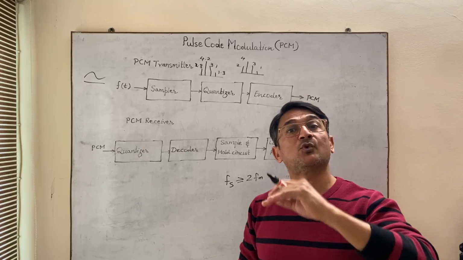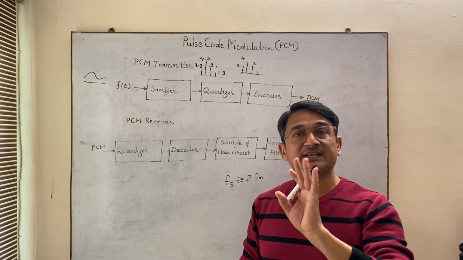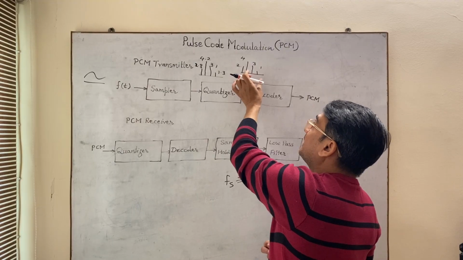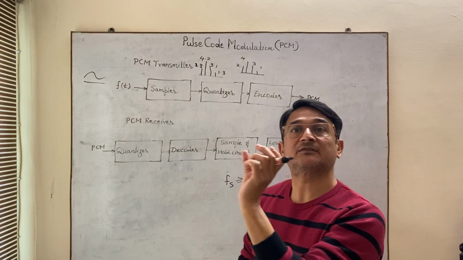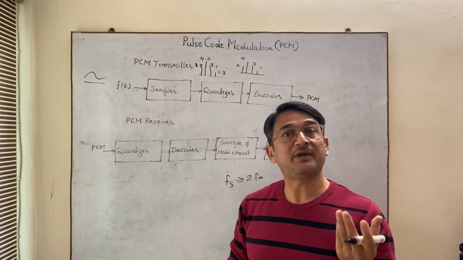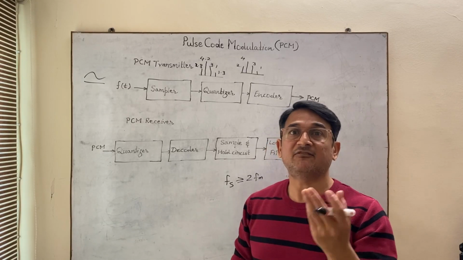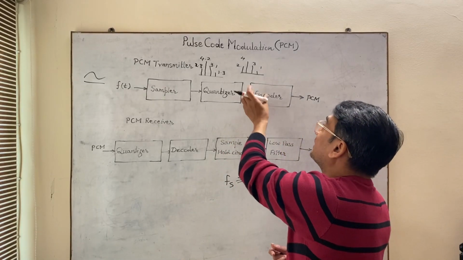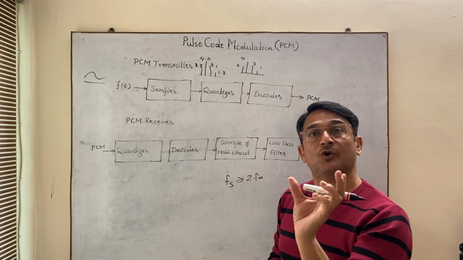Up to 7 we can represent the samples in 3 bits, but if the sample is 8, then it should be 1000. If it is 9, 1001. That means we have to convert the sample into 4 bits.